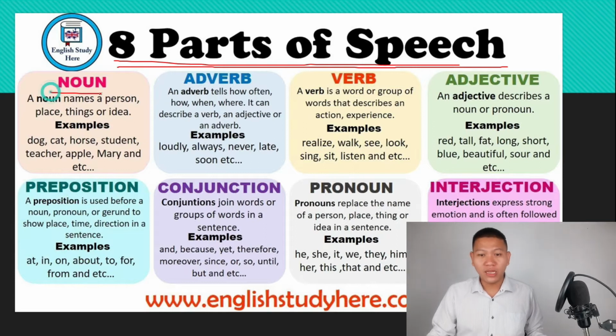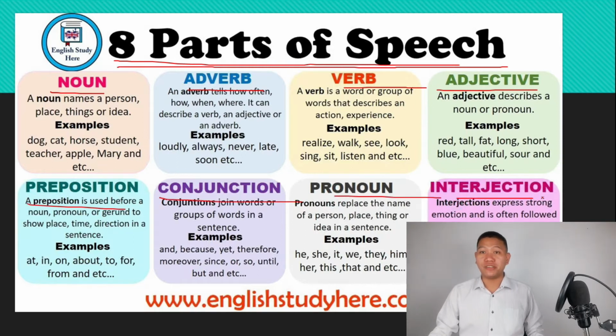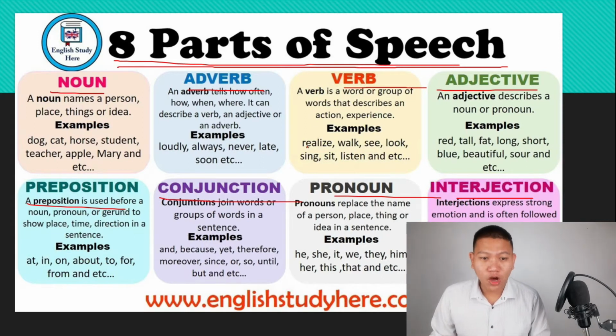We have noun, adverb, verb, adjective, preposition, conjunction, pronoun, interjection. You may pause this video to recall them. But basically, our focus in this video will lie on noun and adverb.